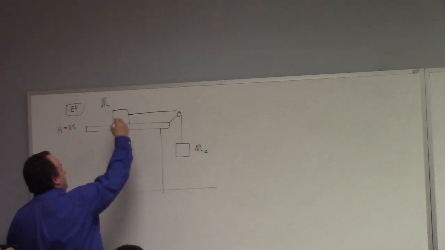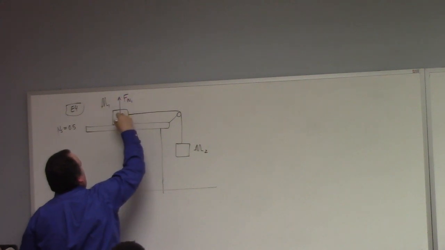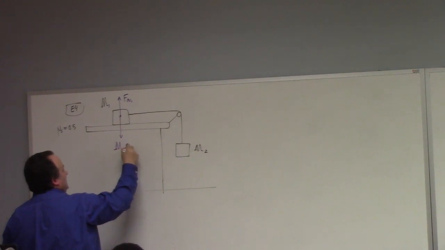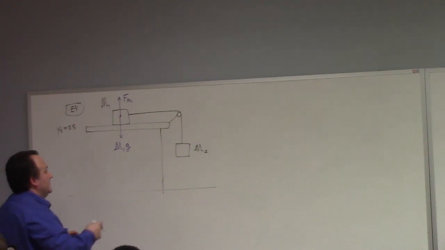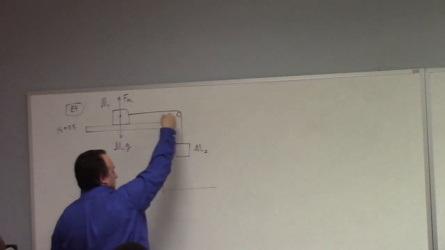And so for M1, you've got the normal force, Fn1. You've got gravity, m1g acting down. But there's a new guy in town here, the tension force. And the tension force is going to pull in the direction M2 is pushing. Right? So it goes this way because M2 is pulling down.